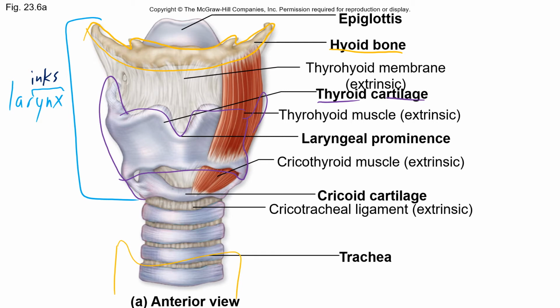But the thyroid cartilage is responsible for the laryngeal prominence, also known as Adam's apple, because of an old biblical legend that the first human, Adam, ate an apple that he was forbidden to eat, and that the apple somehow got stuck in his throat forever, so this little prominence is called Adam's apple.